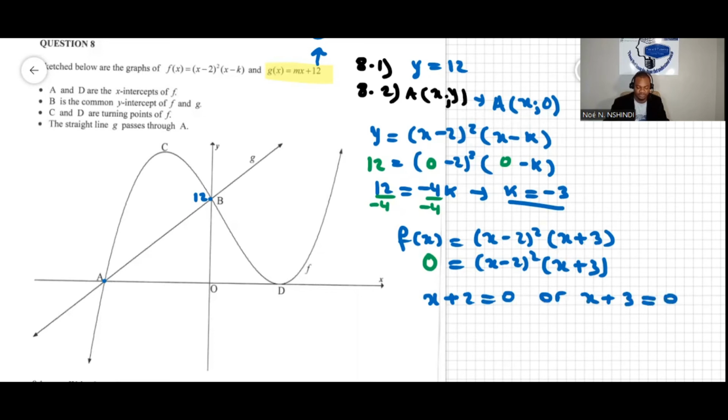So x is equal to 2, or x is equal to negative 3. When you look at the placement of the points, A is on the left hand side of 0, meaning A has a negative x value. So the x value of A is negative 3.